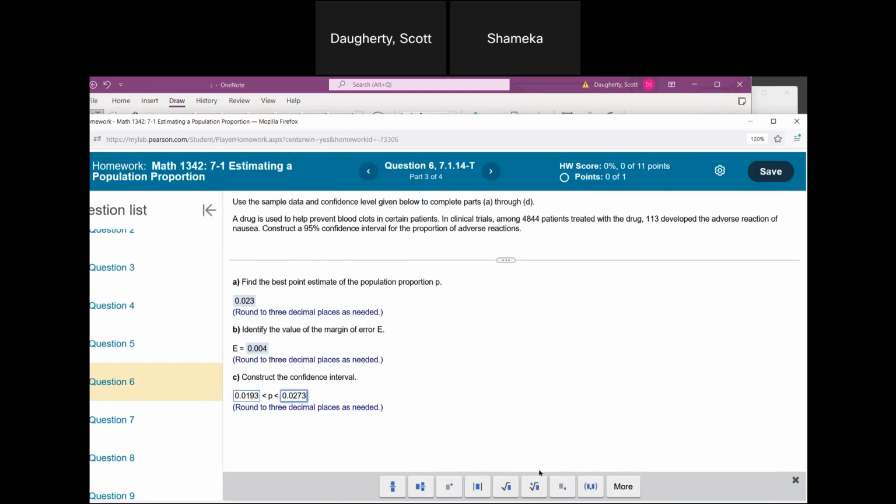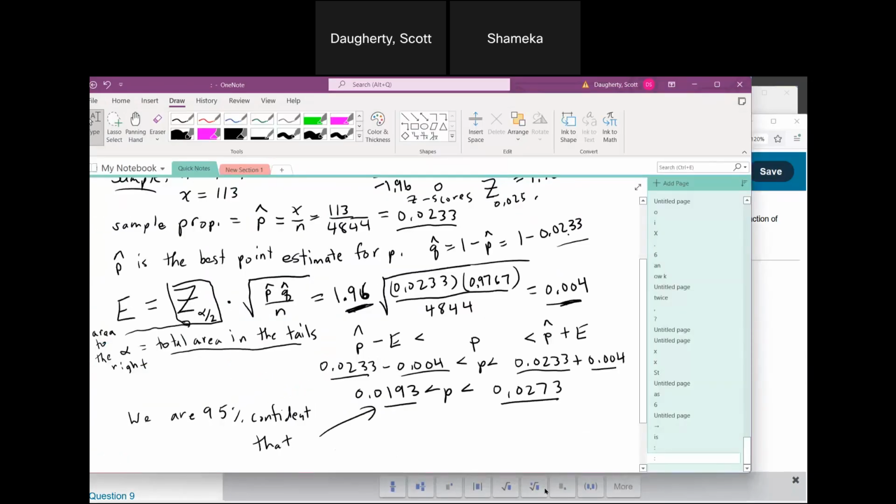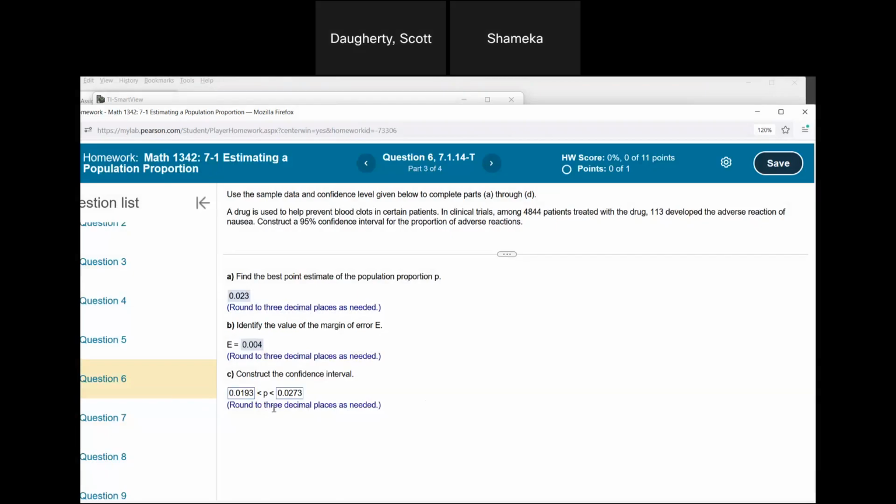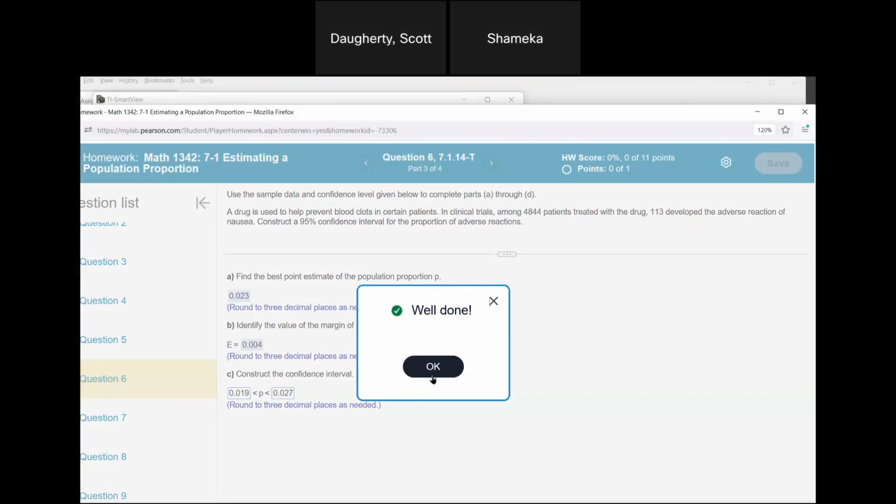Double check it. Yep. Okay, so there might be a rounding problem. Or I'm supposed to round to 3 decimals, right? So if you round to 3 decimals, it would be that, and 3 decimals would be that. So let's see. There you go.